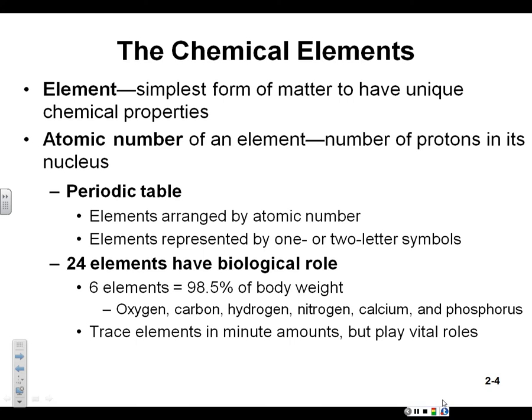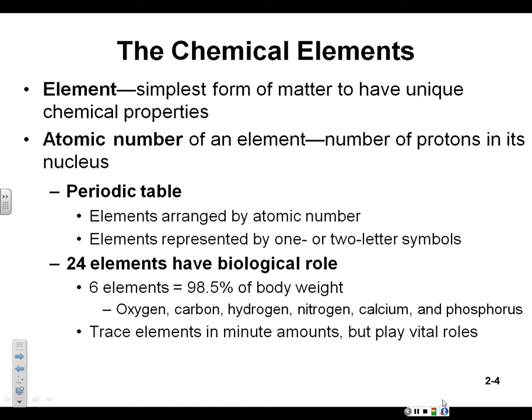We're going to be looking at major biological elements and trace elements. The major elements make up over 99% of the total body weight. The other ones represent what we call our minor or trace elements, and they play a role in the normal physiological function of the body.